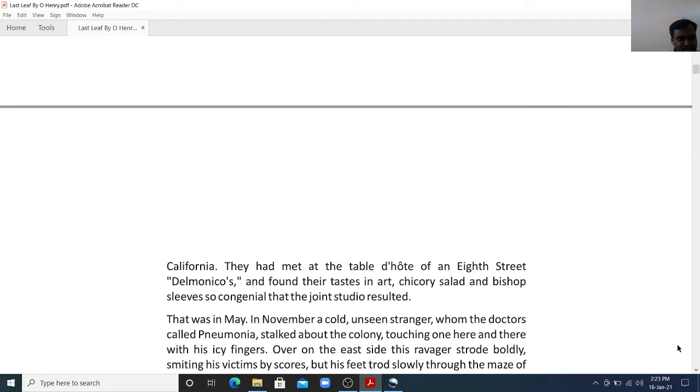This ravager strode boldly, I mean, walked with long steps, smiting, hurting people here and there in these narrow streets, more in number.